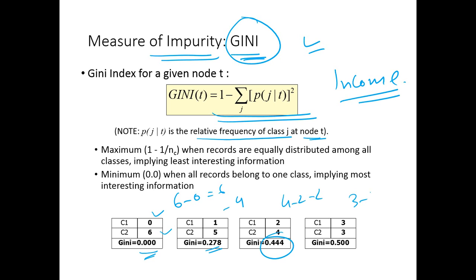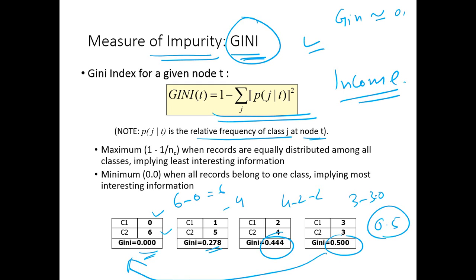And here the difference is nothing, 3 minus 3 is 0, and Gini is 0.5. When Gini is 0.5, that means there is no difference between the classes, and that we do not want. We rather want this one because that is the maximum difference, there is maximum classification. So Gini close to 0 is preferred over Gini close to 0.5. Gini should be very close to 0 for a good classifier. And if Gini is very close to 0.5, then it's not a good classifier.